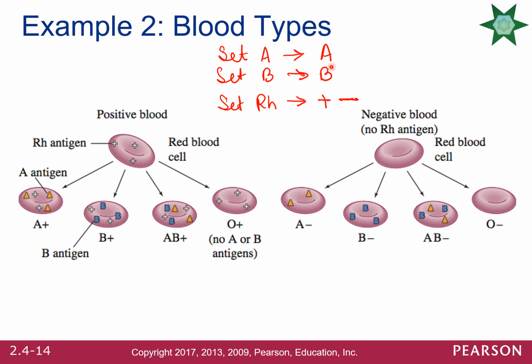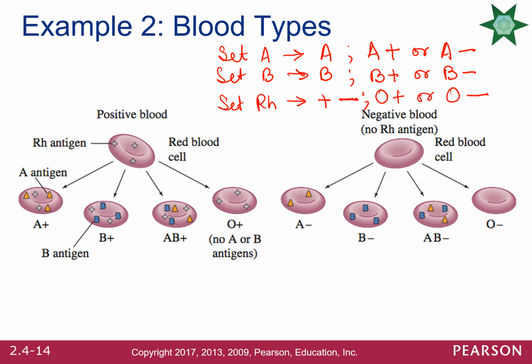Now, given that, we can have a blood type which is A plus or A minus. We can have B plus or B minus. Blood types which do not have the antigens A or B are known as O plus or O minus.